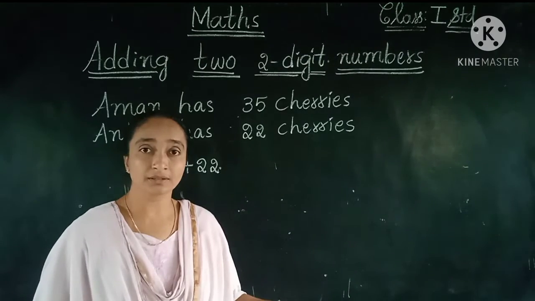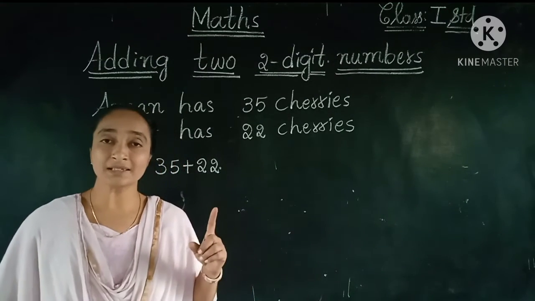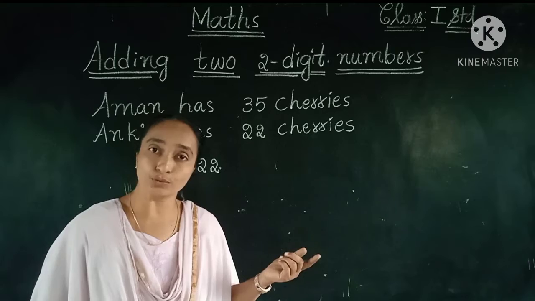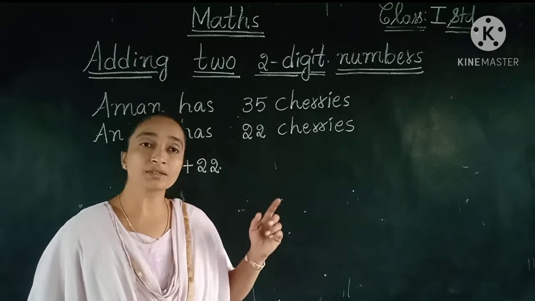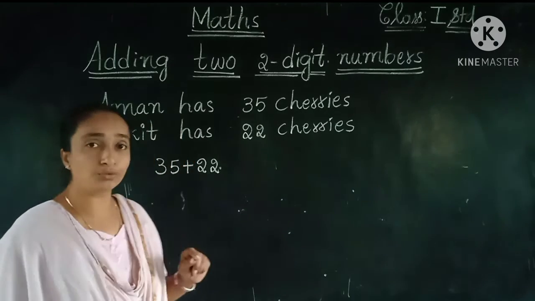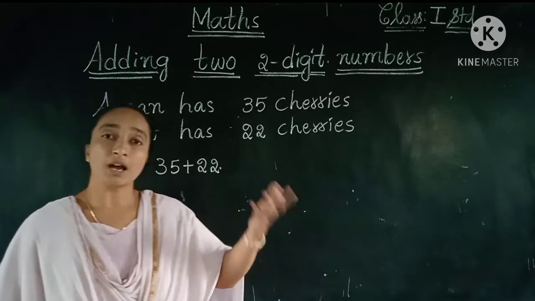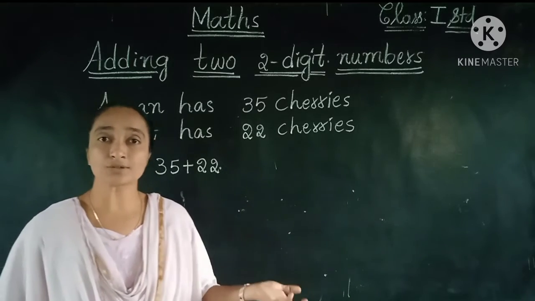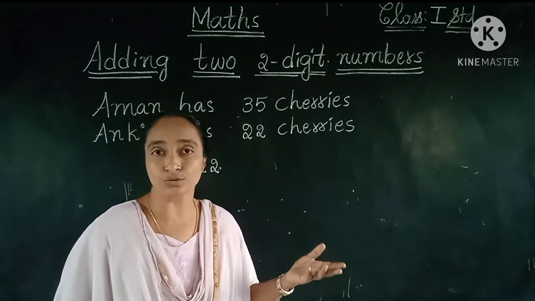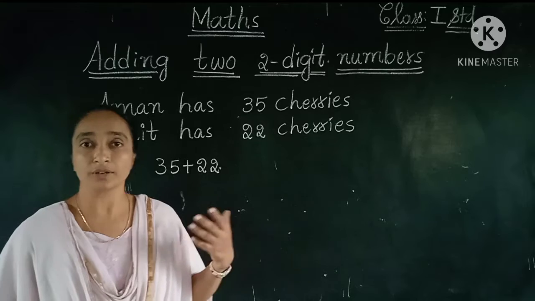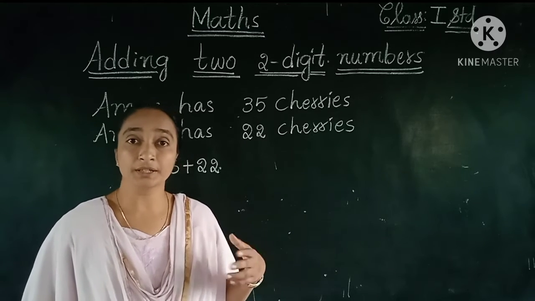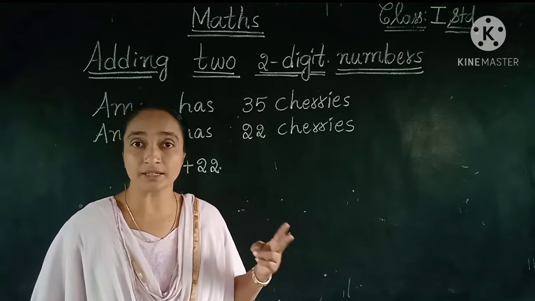We can't. If only one digit numbers are there, it is very easy to add, isn't it? Suppose 3 plus 2: Aman has 3 cherries, Ankit has 2 cherries, so 3 plus 2 is 5. Yes ma'am, you can do it very fast. But here the matter is two digit numbers.